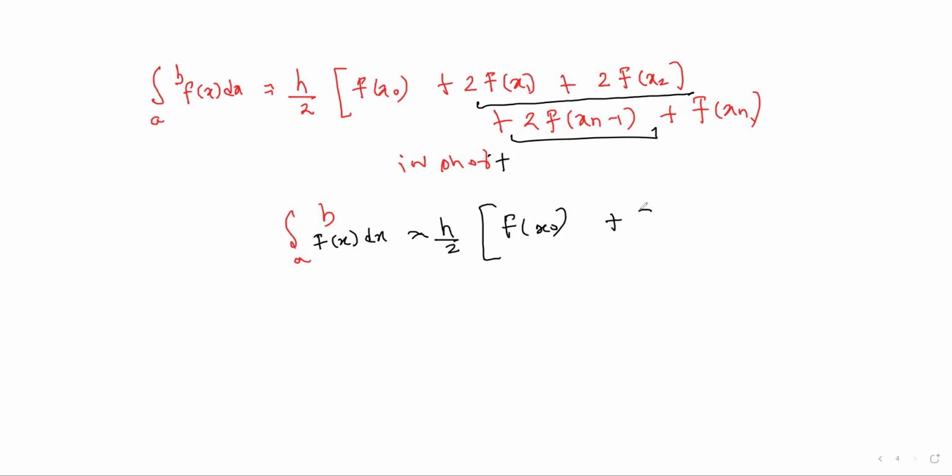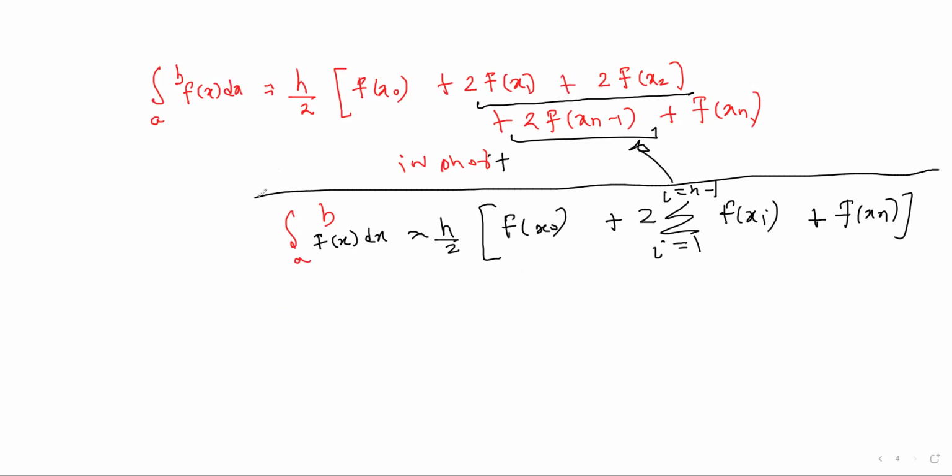This I can put a summation, starting from i is equal to 1 to i is equal to n minus 1 of f of xi, plus f of xn, right? This value I have evaluated by this function. So now the same trapezoidal rule, if I have to apply here for n intervals, I can apply. So this is my trapezoidal rule for n intervals, okay?